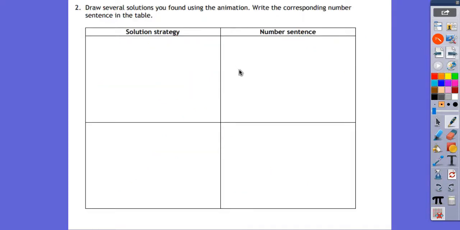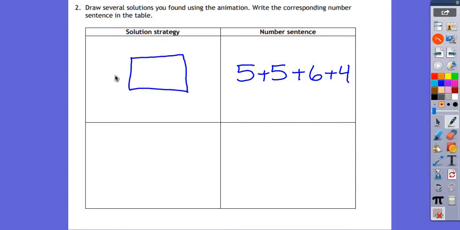So first I want to look at the 5 plus 5 plus 6 plus 4 strategy. I'm on B, or 2. And I am just going to diagram how I visually see that being broken up.